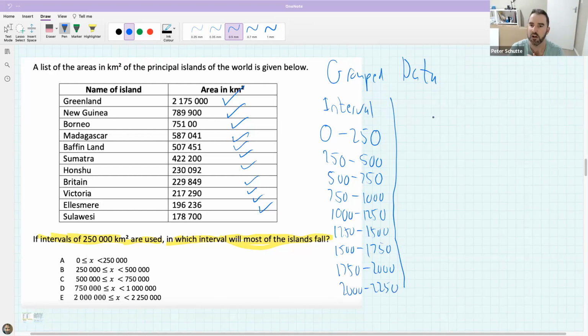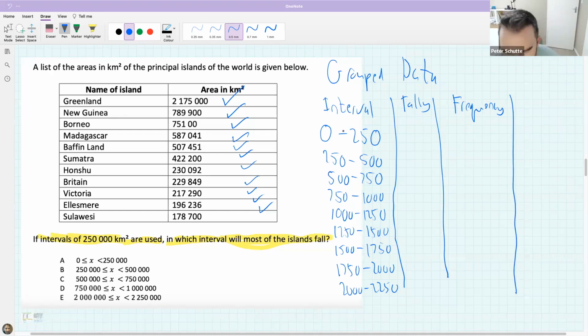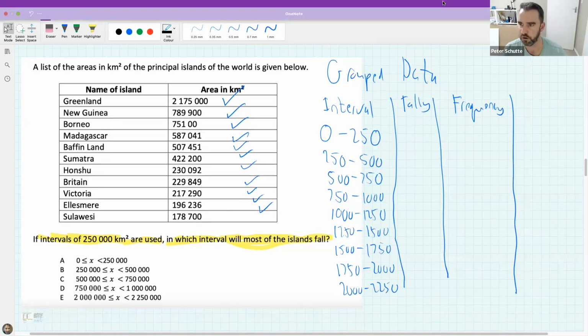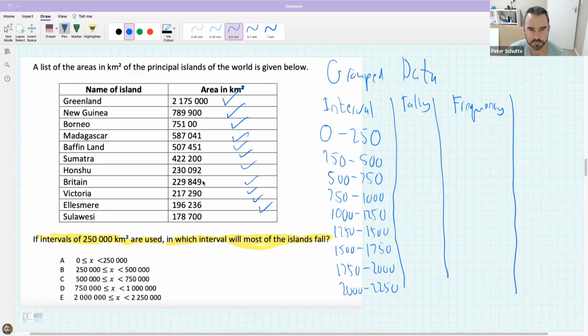Okay, so if we have this list of data, and we did one of this in the very first lesson, if we want to do a count of how many islands fall into which category, we normally do a bit of a tally, and then we use what's called a frequency column, a count of how many things fall into each region. Give me a thumbs up if you're following my working so far with changing it from a list into a table.